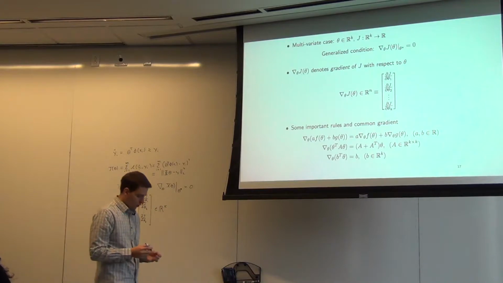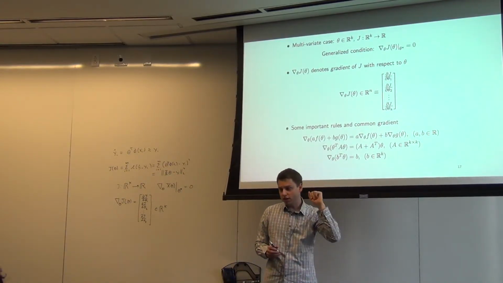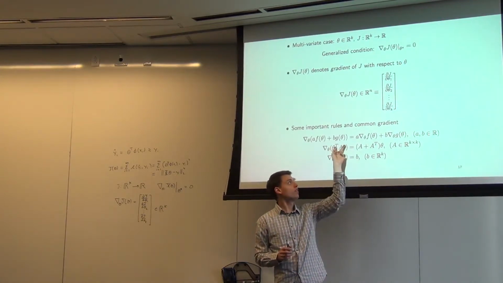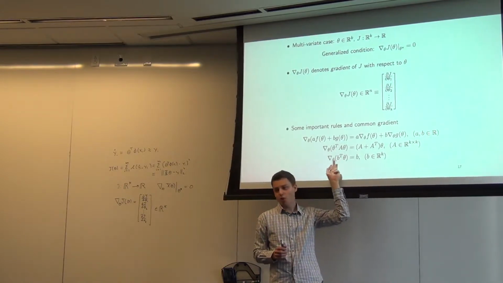Two other important rules for gradients that we're going to use are these two. This is a formula for the gradient of what's called a quadratic form and an inner product here.